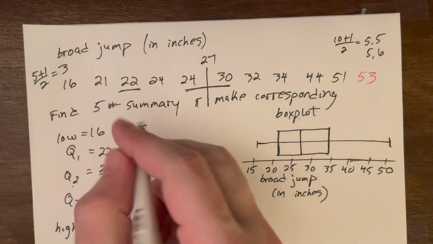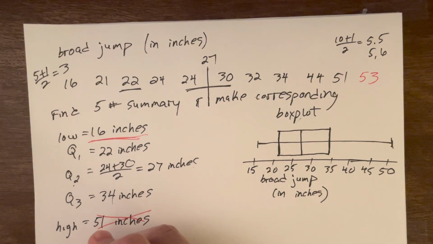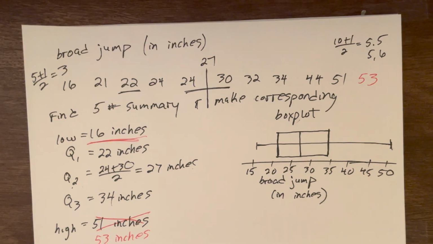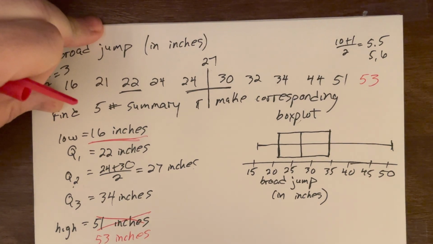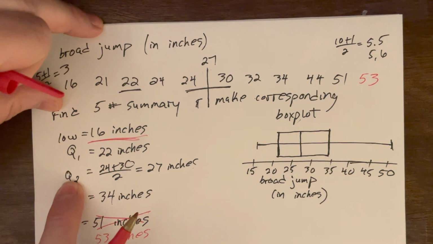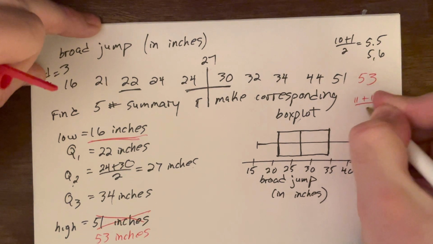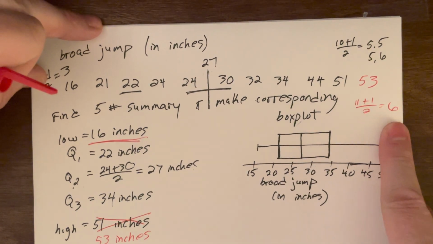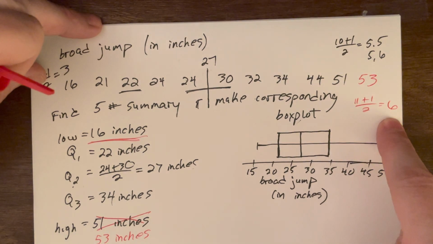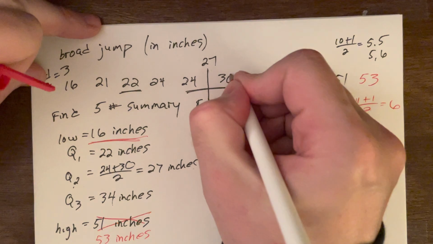Now, low, still 16. High would now be 53. Look at what happens now when we go to find the median. With this extra value, I now have 11 data values. So now I get a clean middle value. Not a middle two values, just one middle value. 1, 2, 3, 4, 5, 6.